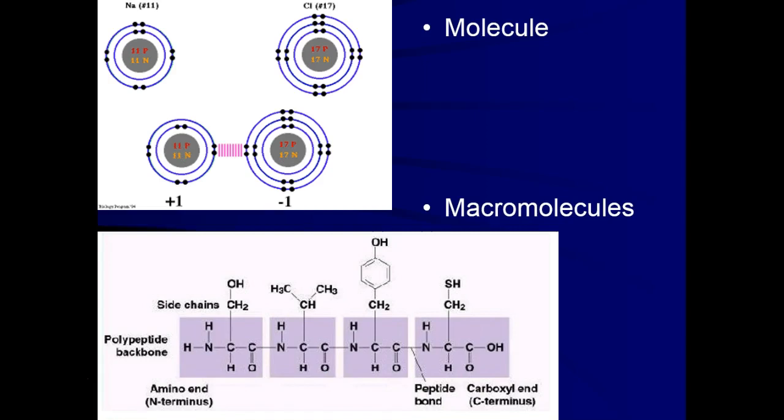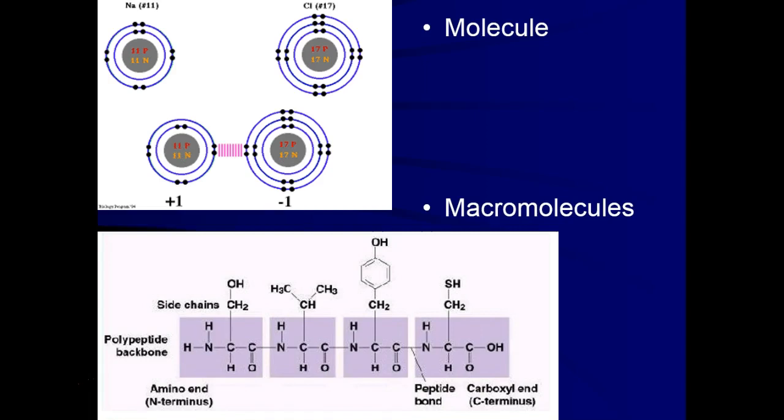What would we call that big string of molecules? Well, that big string of molecules in organic chemistry is what we call a macromolecule. In fact, here's a little example down here. This is a protein. Proteins are long chains of amino acids.